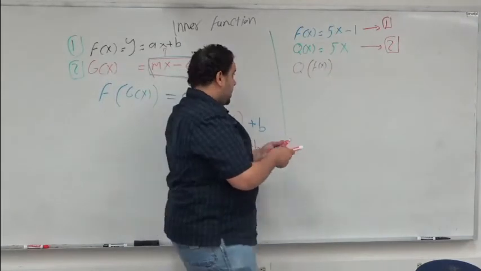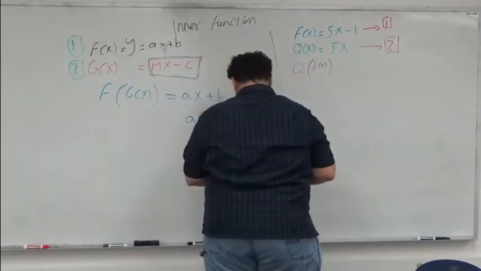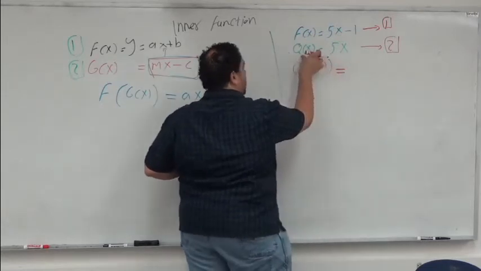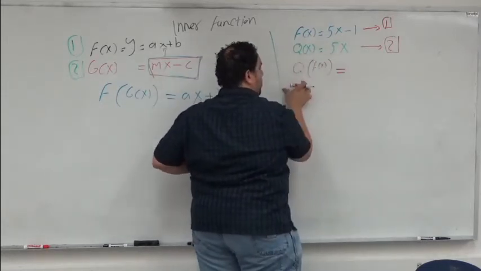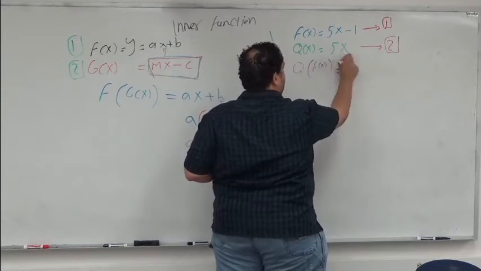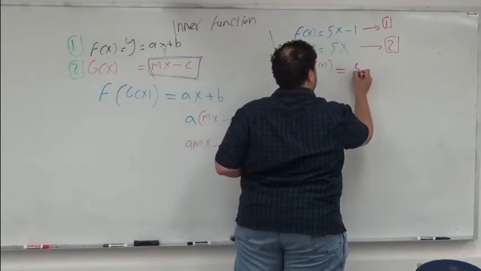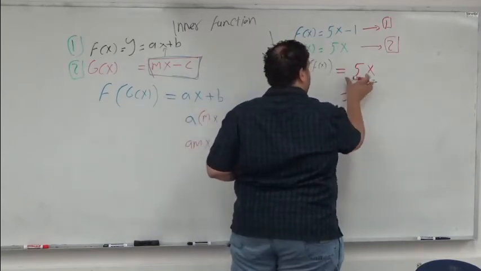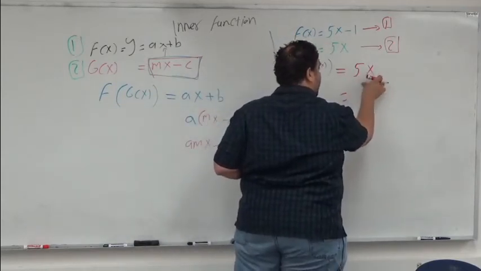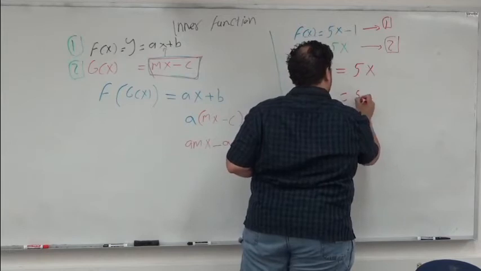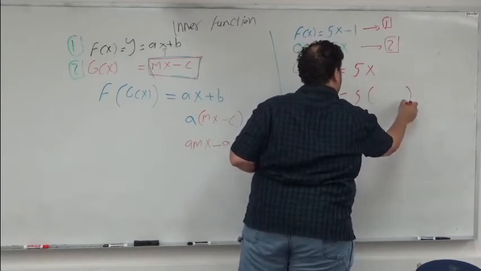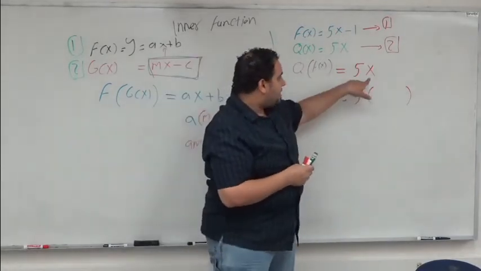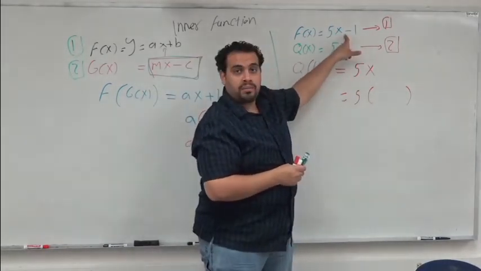So the following step is equal. I'm just going to write the q of x function as this. So q here, then it's equal 5x. Then the following step, I write the equation without the x, 5, and a big parenthesis. Now I will replace the x with the other equation.